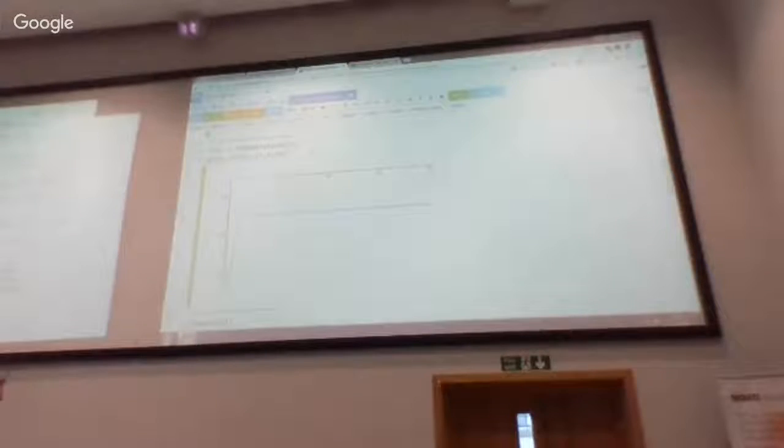So here I've plotted minus x of 10. So this is dropping it from 10 meters up. Now my positive direction is going down.